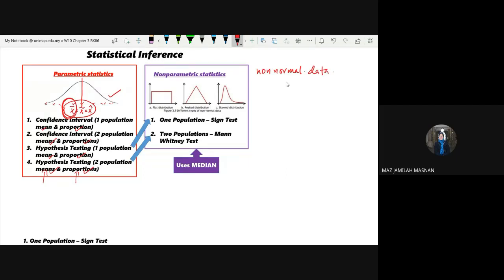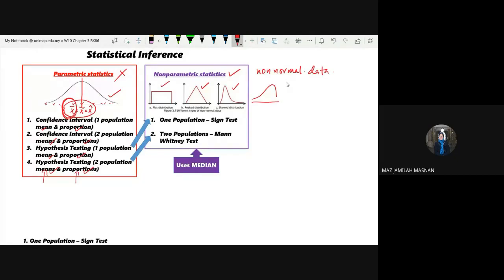Our data can be distributed with a flat distribution, a peaked distribution, or a skewed distribution, for example right skewed or left skewed. When you have this kind of distribution of your data, you cannot use parametric statistics. So you have to choose non-parametric statistics to make inferences for your population.